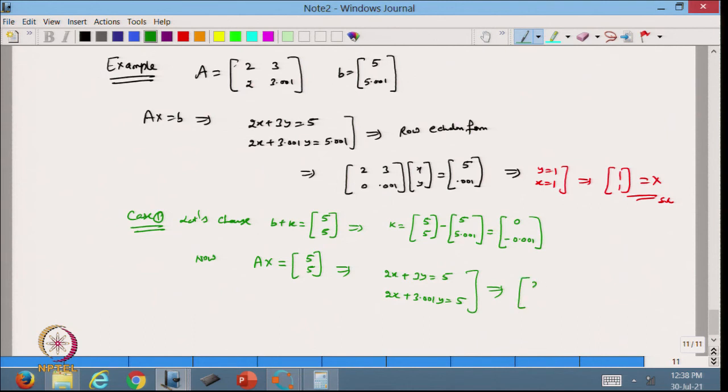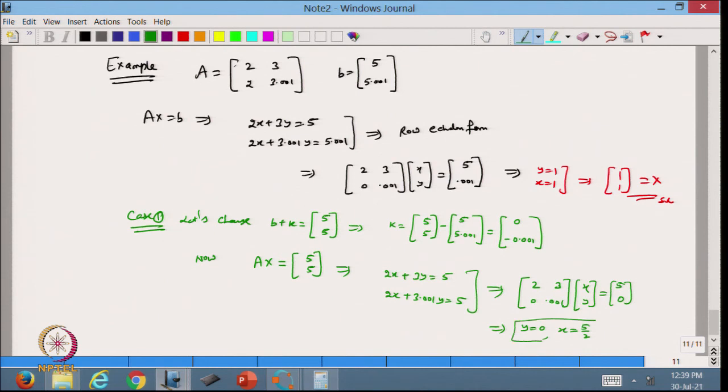So, in this case echelon form becomes 2, 3, x, y, that is 5 here, and then it will be 0 and 0.001, but on the right hand side it becomes 0, and from here I can write that my y will be 0 and the x will be 5 by 2, because it will be 5 by 2 into x, and this is 0.